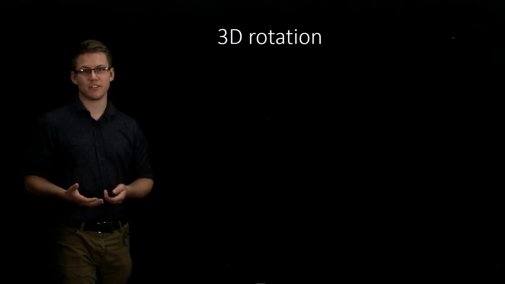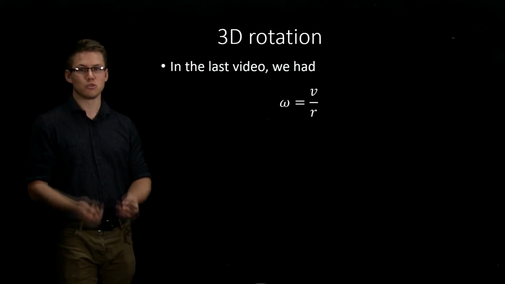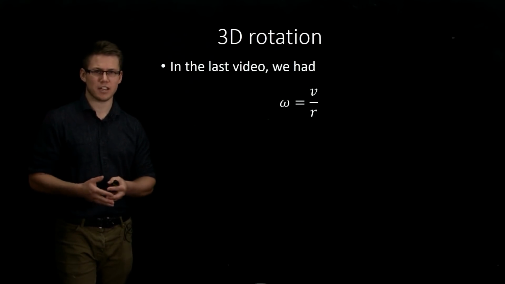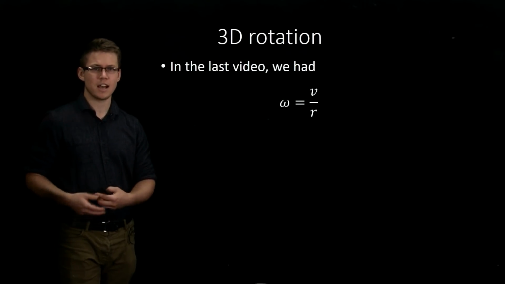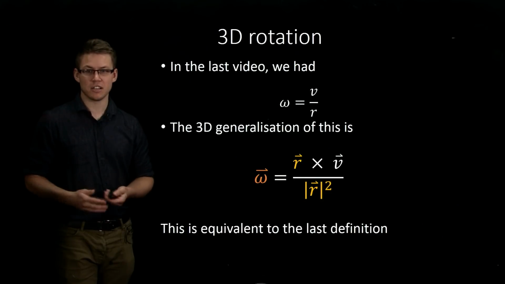Okay, so in the last video, you'll recall that we had omega is equal to v over r. How does this tie in with the picture of having this dθ/dt and this û vector? Well, the 3D generalization is this.